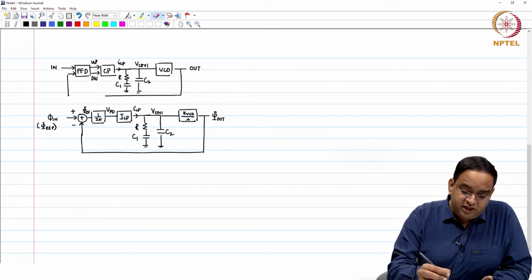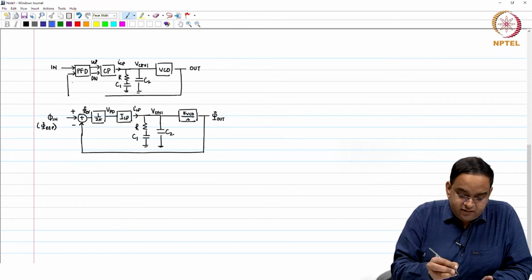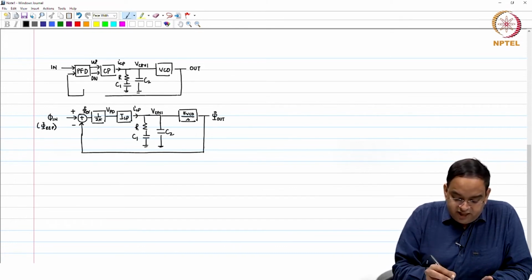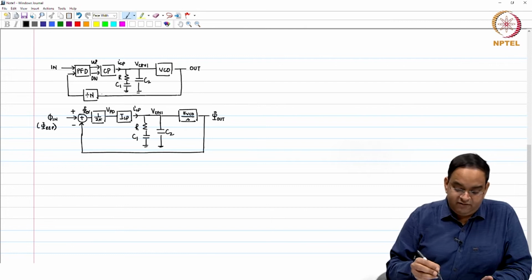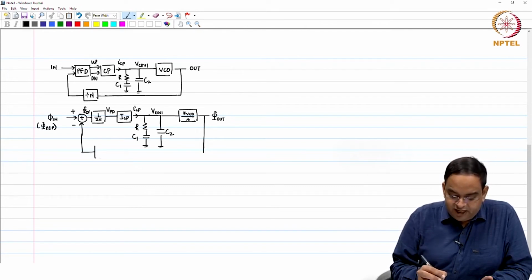In place of the output frequency connecting to the input in the feedback, here I have a divide by N frequency divider, and when I have a frequency divider in the PLL block, I am going to have a phase divider in the small signal block.